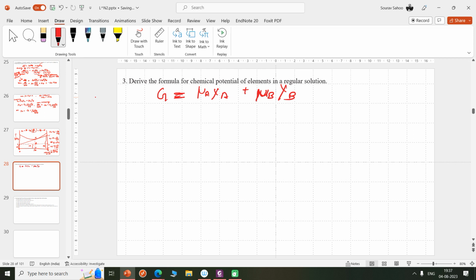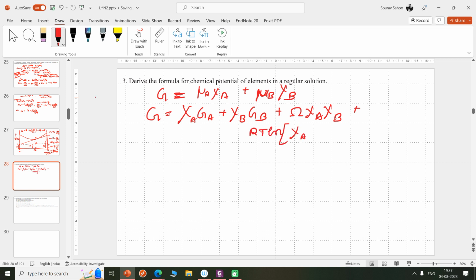And G is equal to φA GA plus φB GB, which is the rule of mixture before mixing. And it's a non-ideal or regular solution, so plus Ω φA φB, plus RT (φA ln φA plus φB ln φB), right?